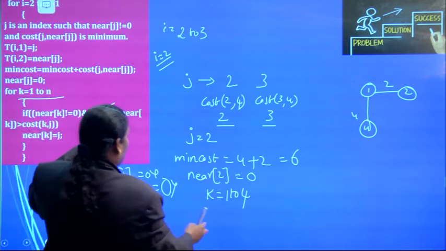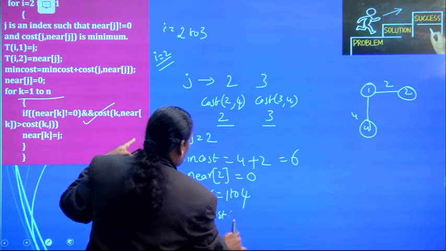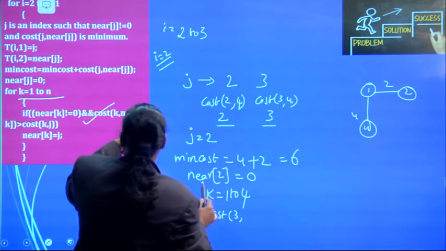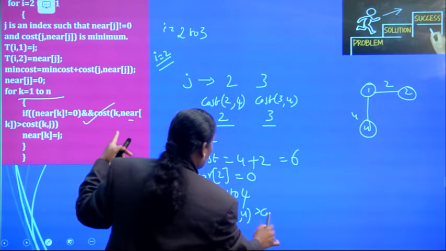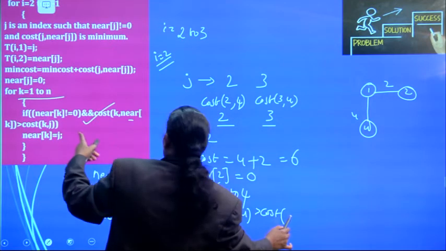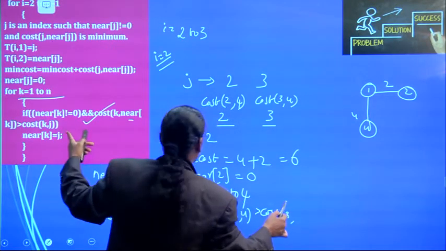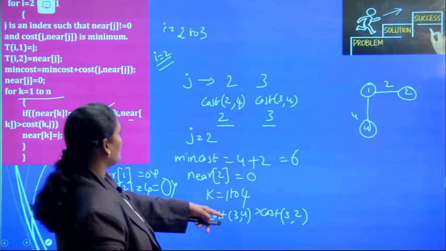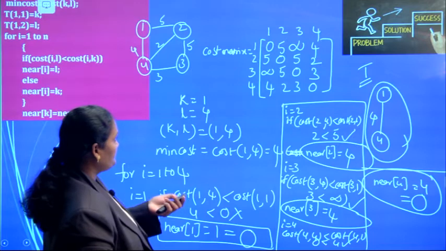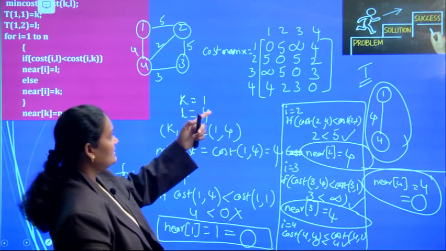Now I am going to update. Cost of 3 comma near k, that is near 3, cost of 3, 4 is greater than cost of k, j, which is 3, j. What is j? 2. Let us see. Cost of 3, 4 is 3.